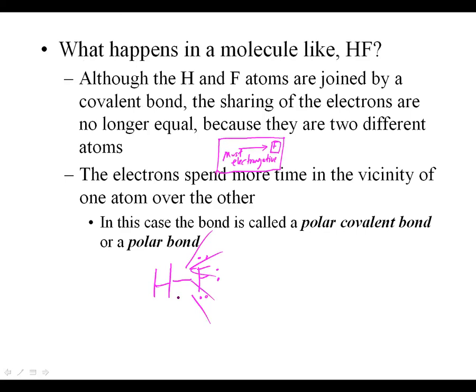It's going to bring all those electrons over to its side, and not so many electrons at the hydrogen side. And this is going to result in unequal sharing of electrons. That unequal sharing of electrons is what a polar covalent bond, or just a polar bond, is.